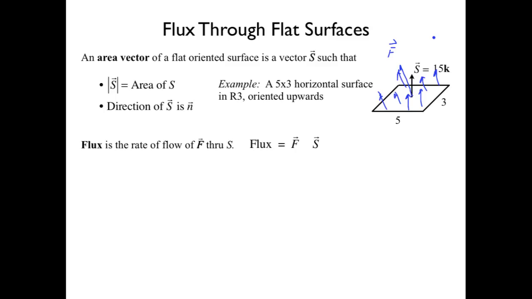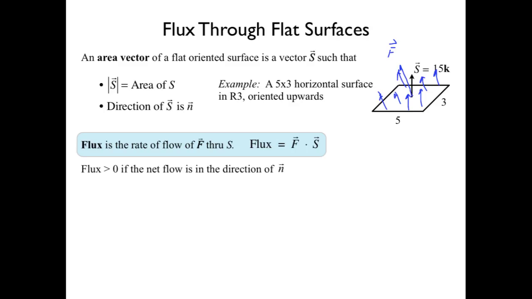Parallel to S, right? S is already orthogonal to the surface. So what do we want, cross product or dot product? Dot. Because S is already orthogonal, we want how much of F is in the direction of S. That's the dot product. So our general formula for flux is F dot S. That's the foundation for finding flux.